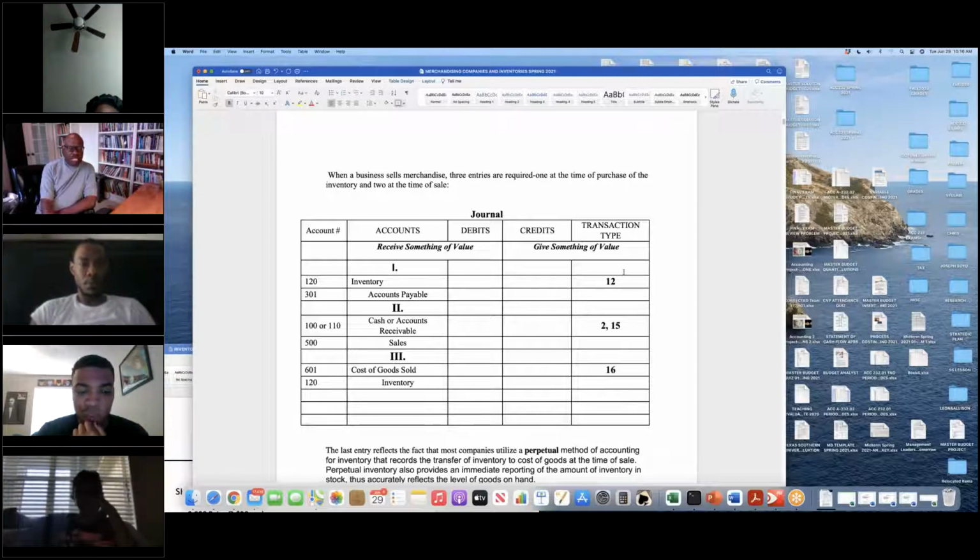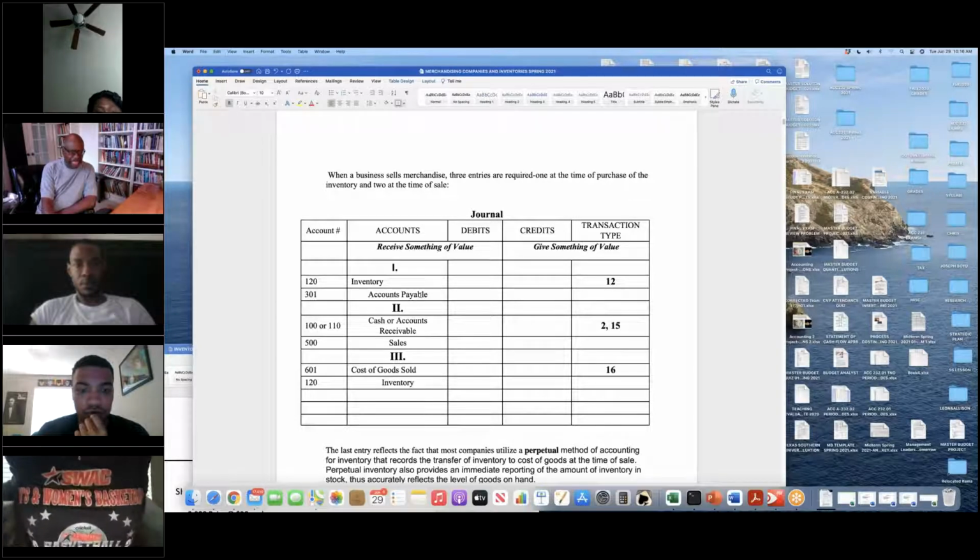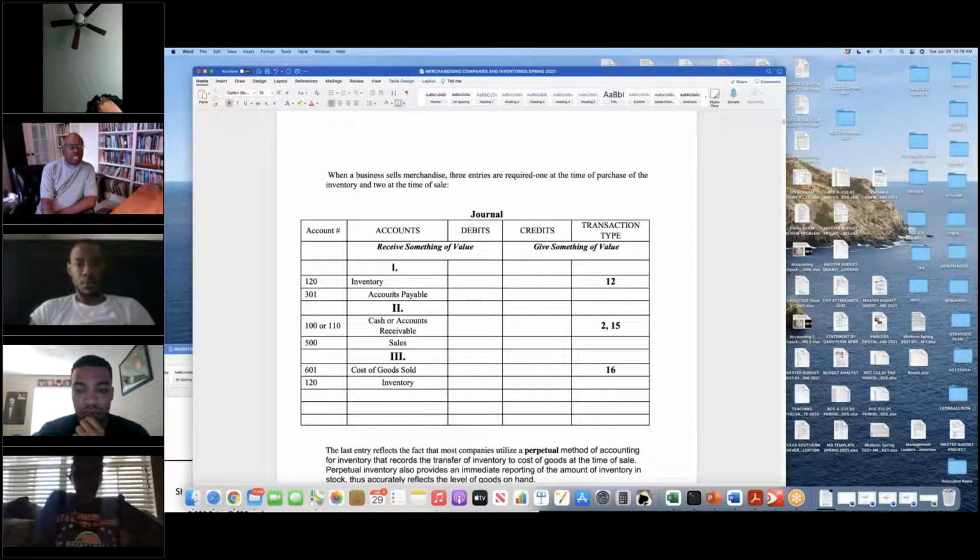And we always use a type 12 typically because, number one, if you're buying a lot of merchandise, you've got to make sure it was delivered to you. And of course, you typically are not paying the delivery driver. So this is a standard entry. You debit inventory and credit accounts payable.